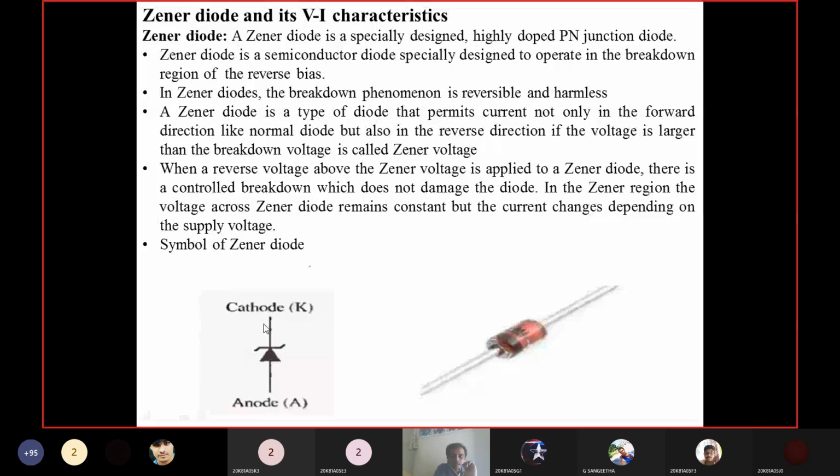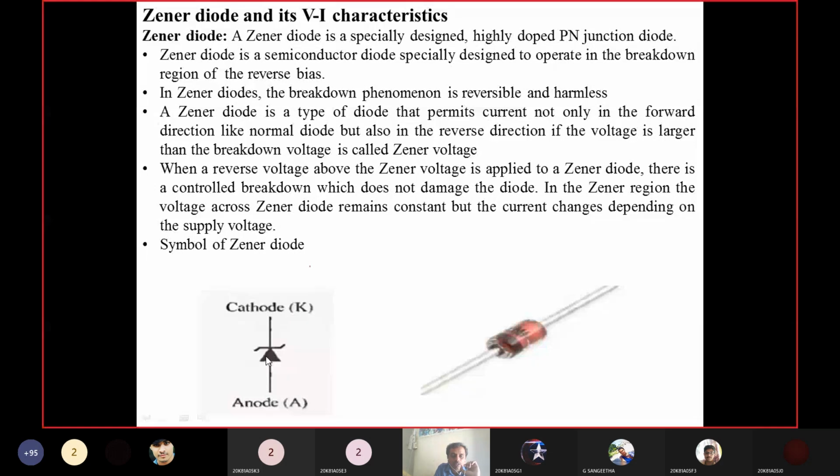This symbol is the same as a normal diode, but in the cathode region there is one line. That line is bent on both sides like a Z. That is the symbol, like this. See here, this is the anode and this is the cathode.